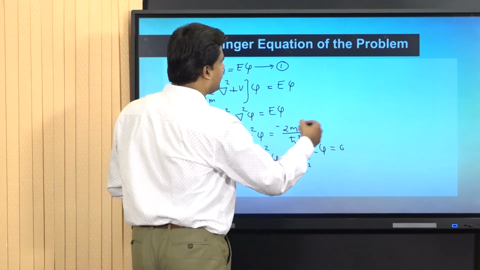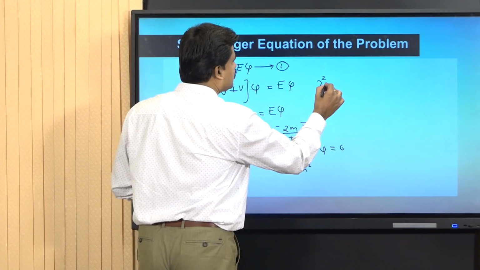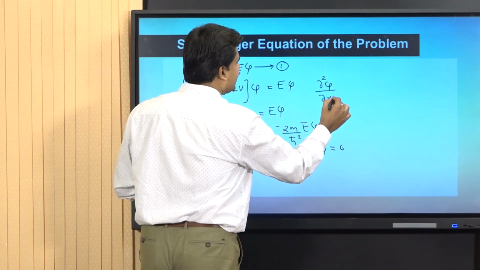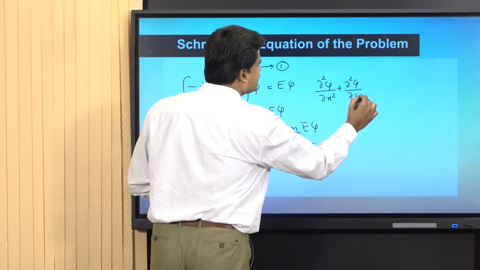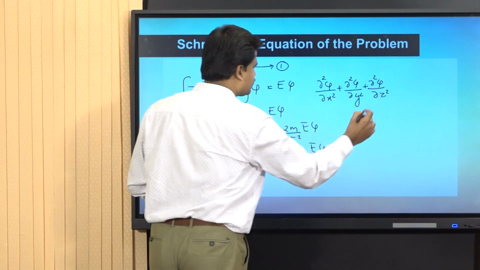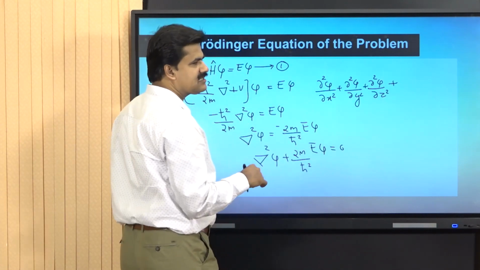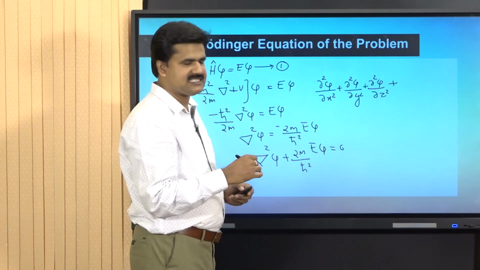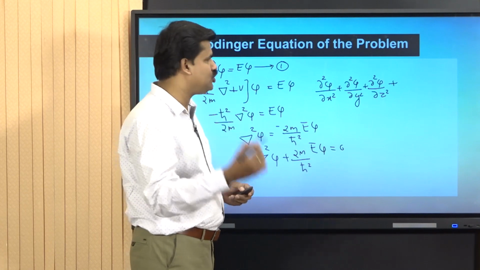On further simplification, we have the complete form: dou square psi by dou x square plus dou square psi by dou y square plus dou square psi by dou z square plus 2m by h cross square, which can be taken as 8 pi square m by h square, since h cross or Dirac constant represents h by 2 pi.